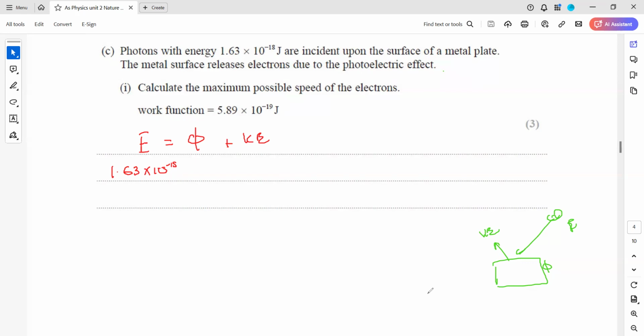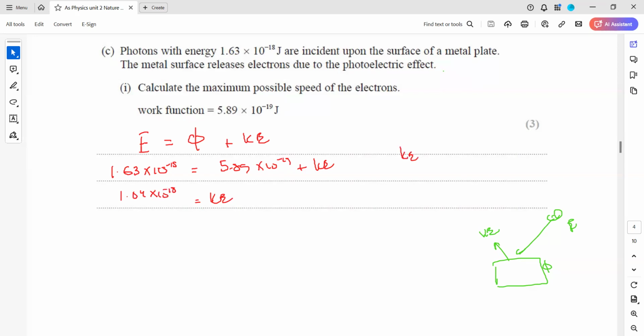So energy should always be in joules. So it equals the work function, the minimum possible, that is 5.89 × 10^-19, plus the kinetic energy. We subtract them to get the kinetic energy. So it will be 1.04 × 10^-18.